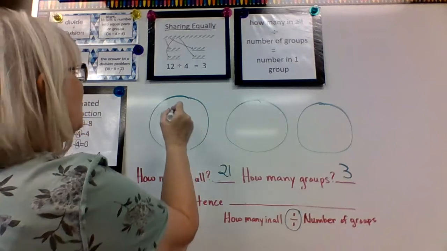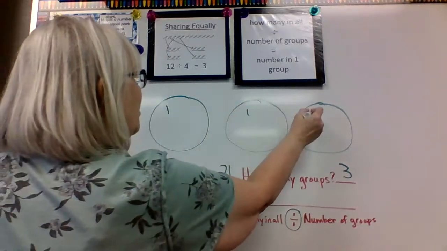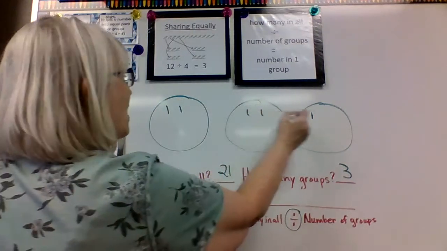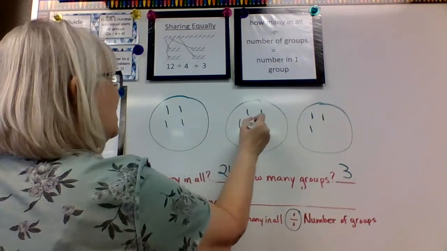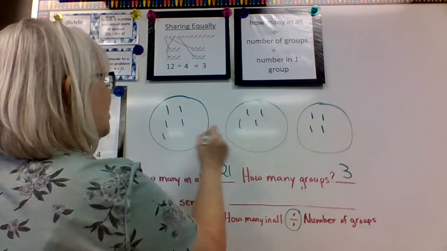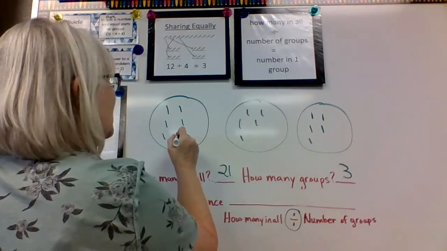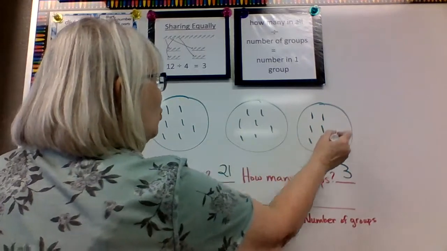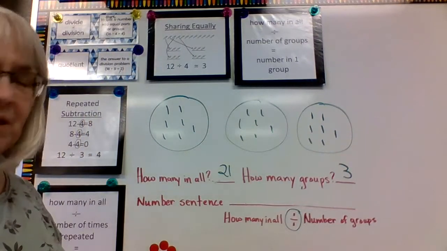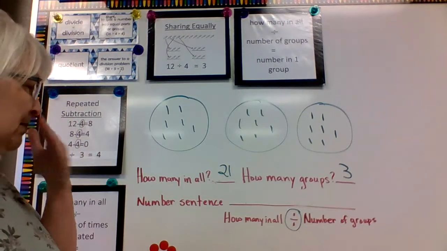We're going to start off. We're going to count all the way to 21. 1, 2, 3, 4, 5, 6, 7, 8, 9, 10, 11, 12, 13, 14, 15, 16, 17, 18, 19, 20, 21. And we have to stop because we have now run out.